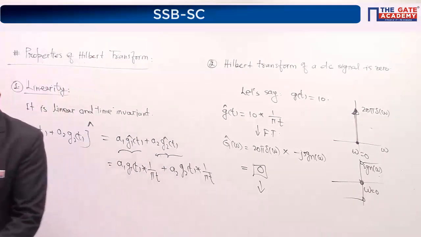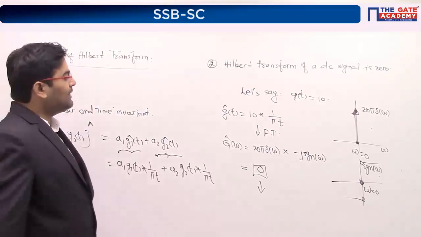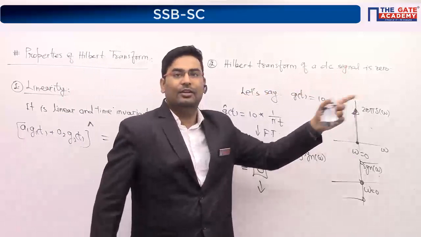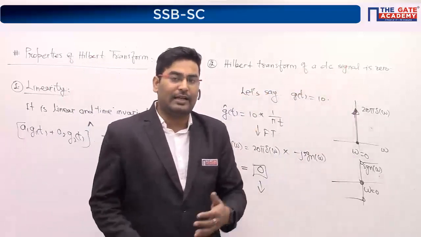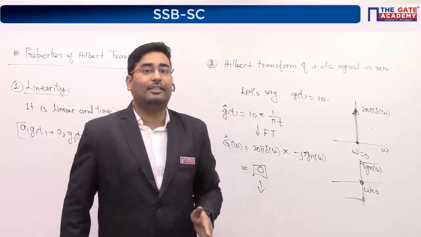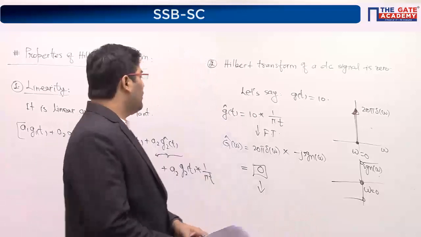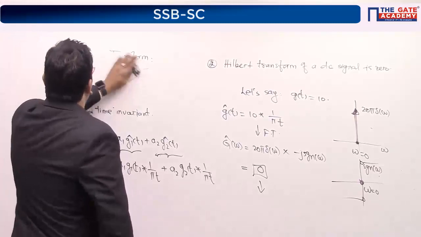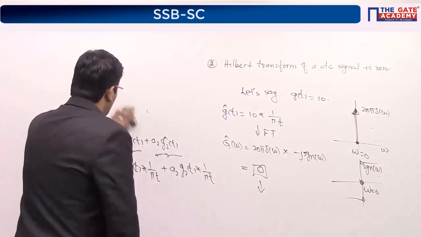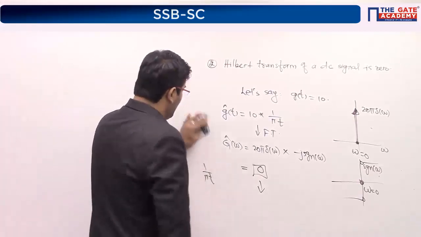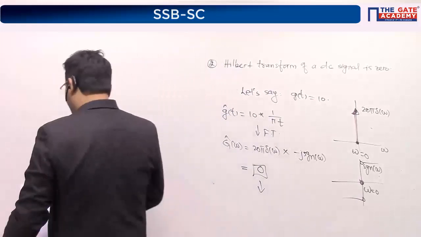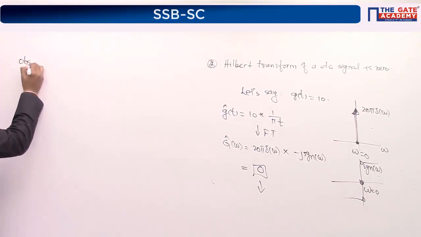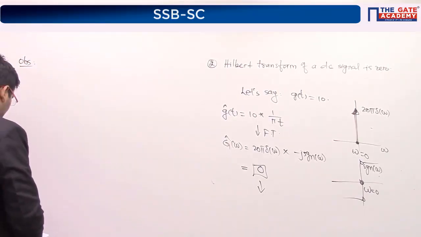But guys, did you observe one thing? Hilbert transform of a DC signal is 0. Isn't it that the Hilbert transform is acting like a capacitor which is blocking the DC component? So it is a very quick observation that if you take the Hilbert transform, it is actually behaving as a capacitor or a filter. It is blocking the DC component. Any DC signal, if you take the Hilbert transform, output is 0. So write the observation, OBS.